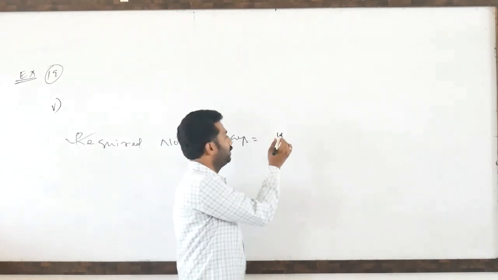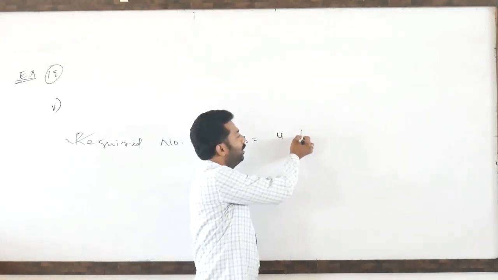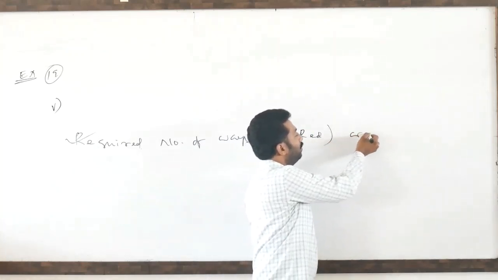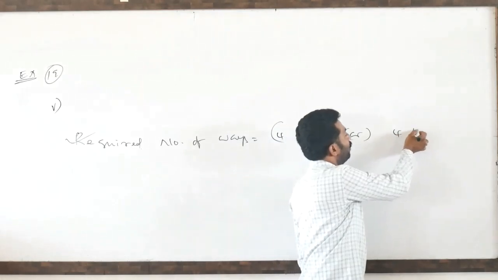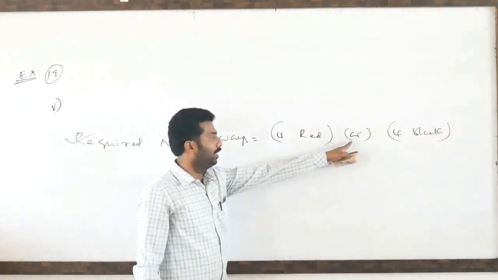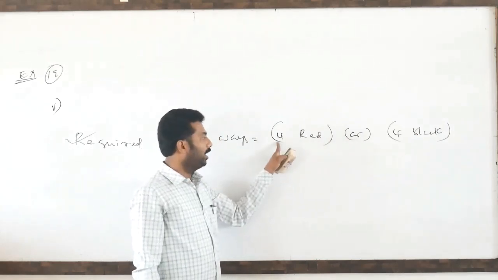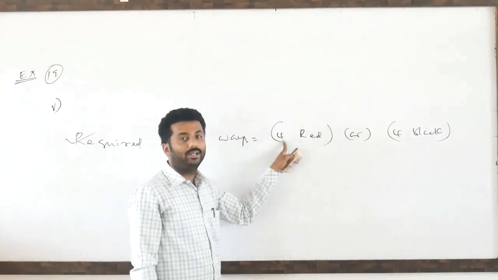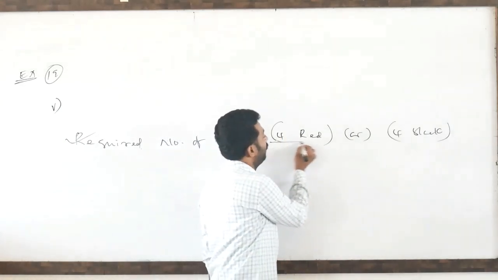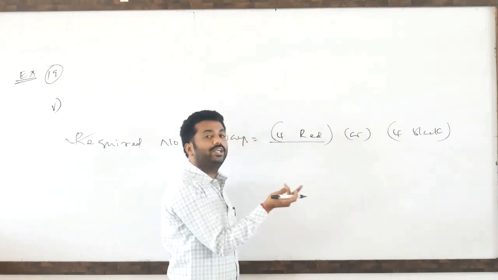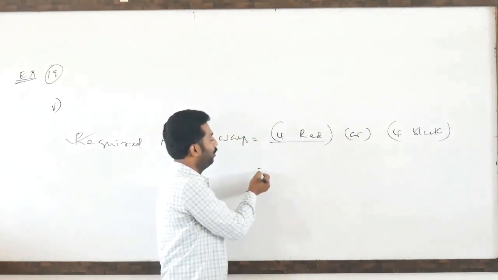Maybe the first case is red cards, another case is 4 black cards. This is OR. Why? 4 red cards means 4 card selection, our work is completed. If work is completed, use OR; if work is not completed, use AND. So that point you have to remember.